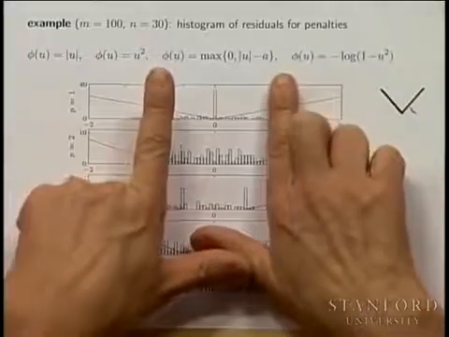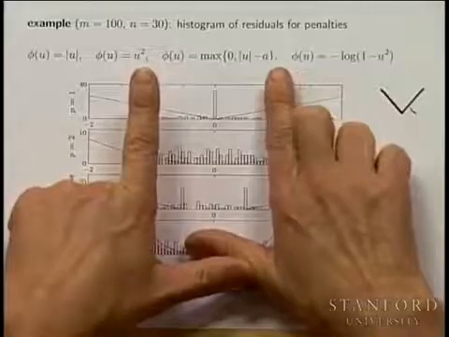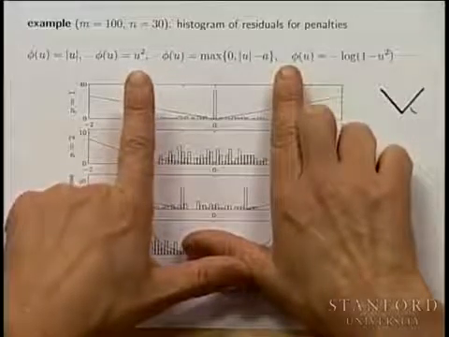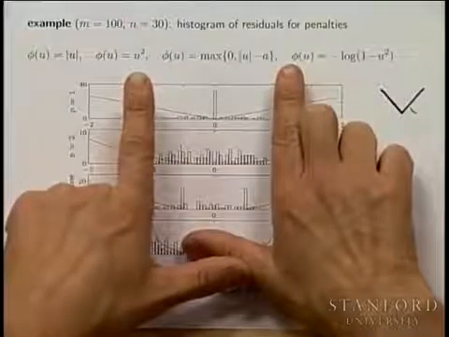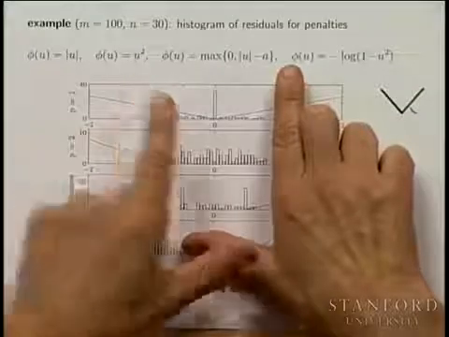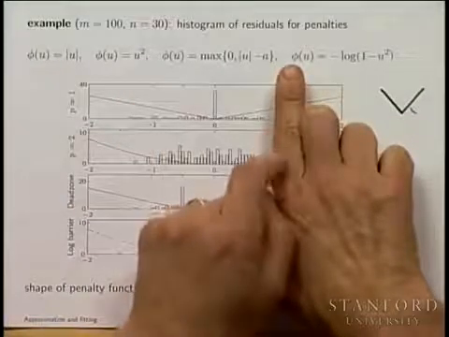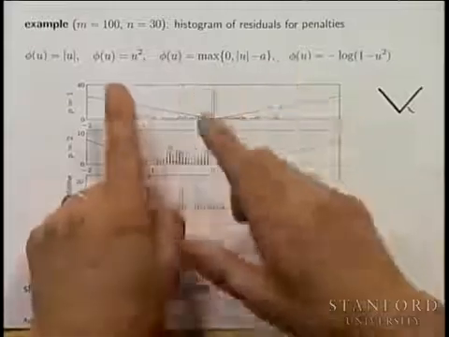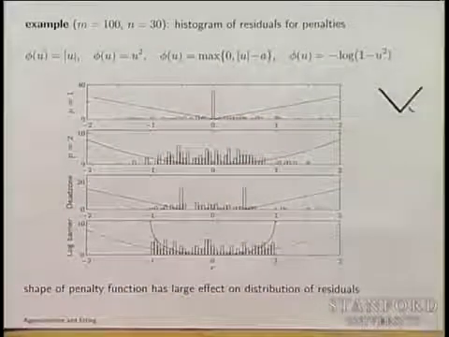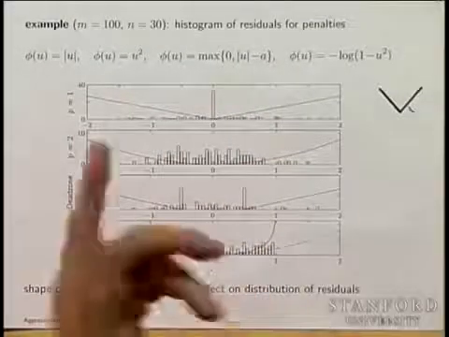You squeeze the residuals down until you can't squeeze any more. And you're absolutely right. If you do L infinity norm minimization, Chebyshev approximation, you will find a whole bunch of residuals at the positive limit and a whole bunch at the negative limit. That's exactly right. Okay? So that's the picture.